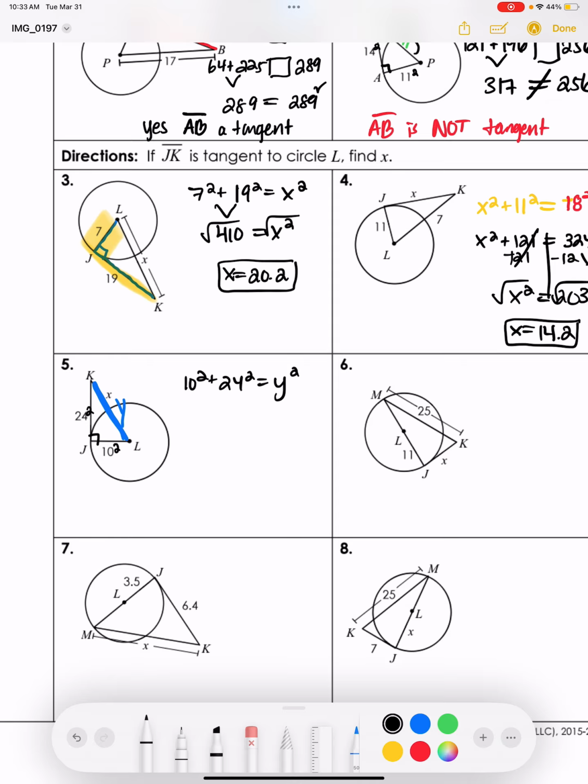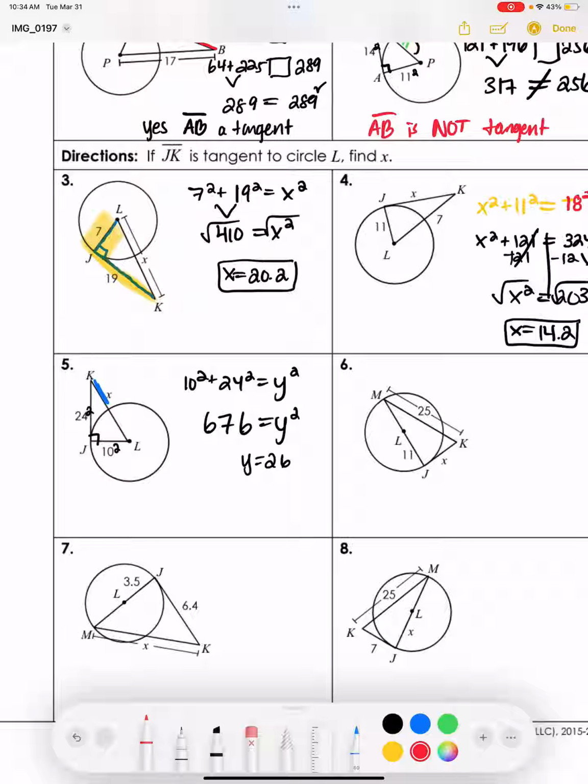Okay, so right now when we find the answer to y, it's going to help us find the whole blue line. So 10 times 10 is 100, 24 times 24, add them up, we get 676. Take the square root, so y equals 26. So what that means is the whole thing is 26, but we don't want the whole thing, right? The question just said to find where x is, so I want this part.